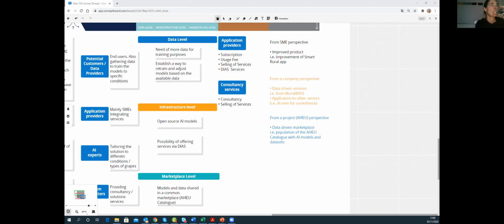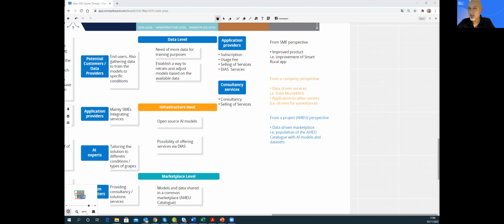So what we did in the first months of the project was try to engage with some external users, wineries in the Ribera del Duero region in Spain, in order to get the data, and also to be the first people to train and to validate the solution. So right now we have 3 different wineries where we are getting images from drones and from mobile phones, and we plan to do the same during the next year.